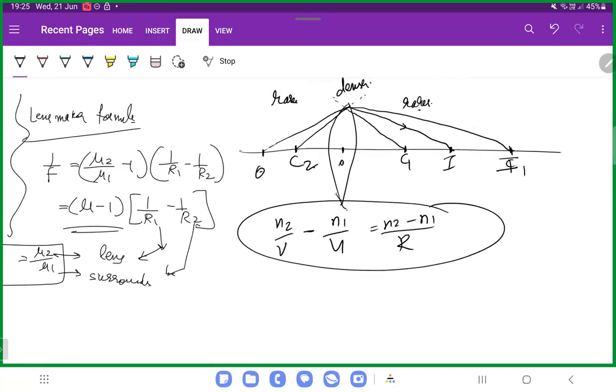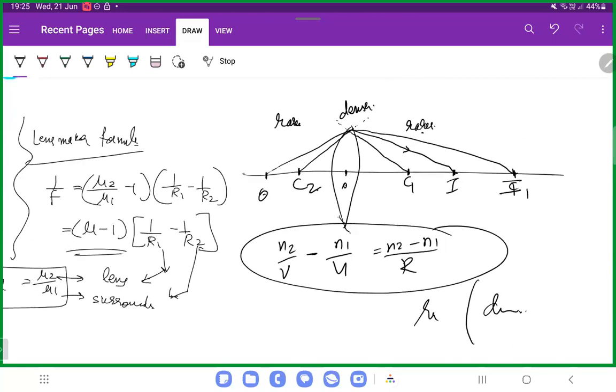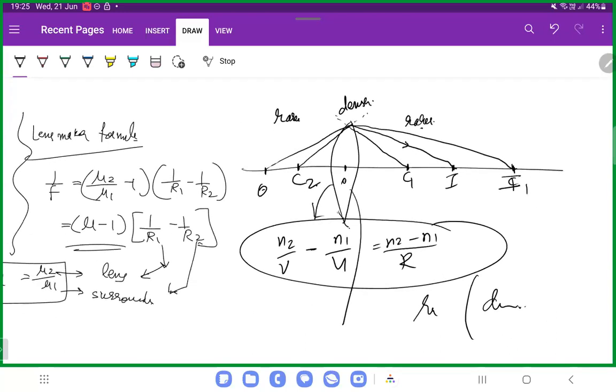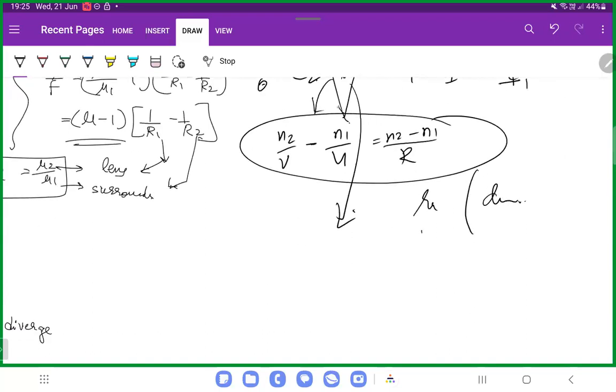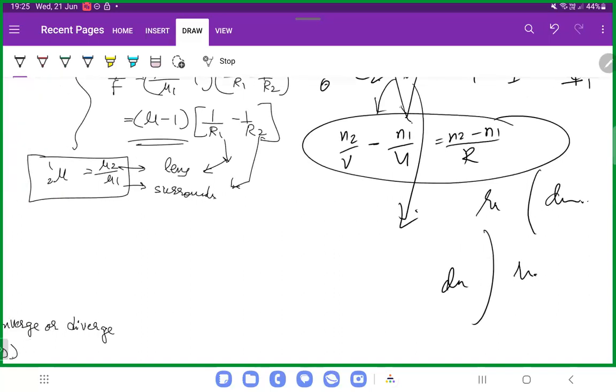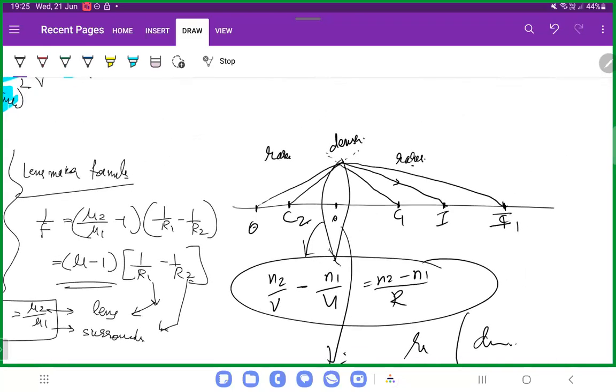If we consider the left side, this is rarer and denser. Now, if you consider the other side, denser and rarer. Same formula, but it will change. It's moving from denser to rarer. Earlier it was moving from rarer to denser.